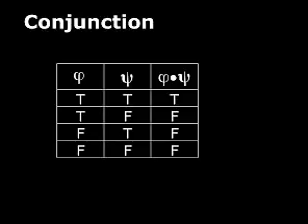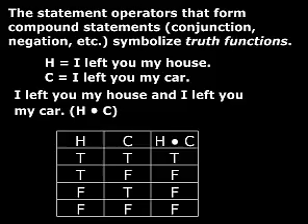This is the same table. The only difference is that instead of using H and C as letters in the table, I've used these Greek symbols phi and psi. And the reason I'm doing that is because, let's go back up here, by convention with us, H and C stand for atomic statements, okay?